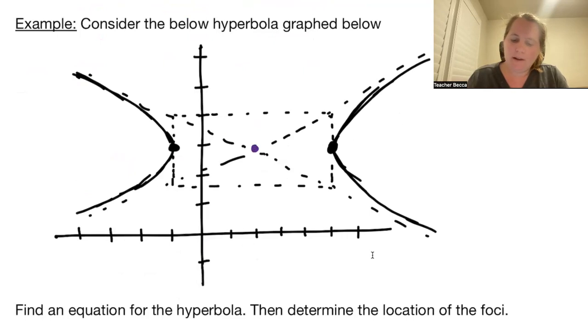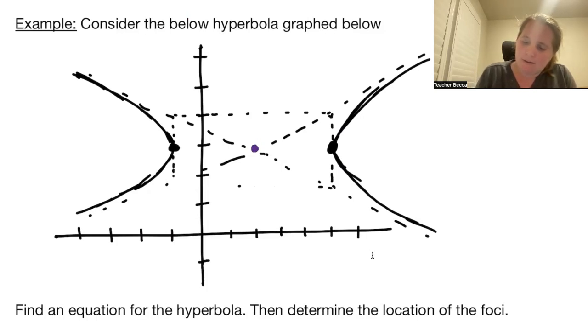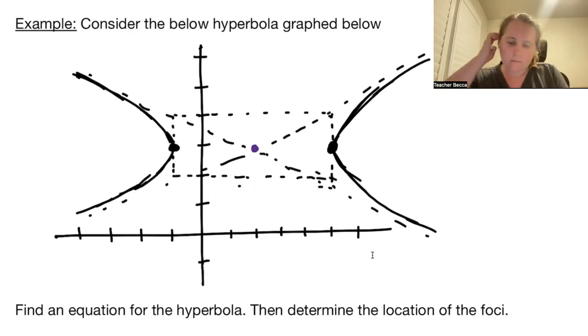The box goes from x equals -1 to x equals 5, and from y equals 2 to y equals 4.